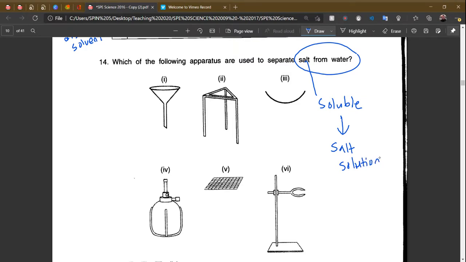And if you have salt solution, you need to remove the water in order to get the salt back. In order to do this, you need to evaporate the water.